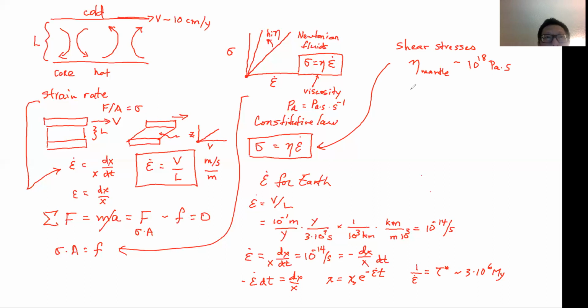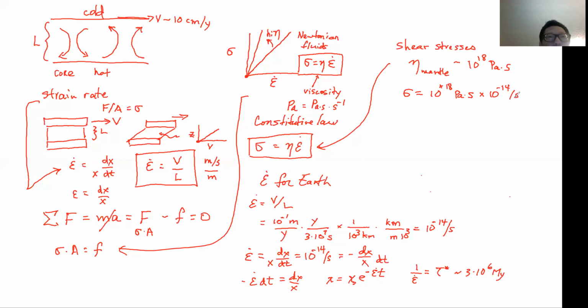Then my shear stress would be 10 to the 18, sorry, positive 18, right? 10 to the 18 pascal seconds. Just for context, the viscosity of a liquid basalt lava might be about 1 pascal second. So 10 to the 18 is very, very high. And then you multiply this by 10 to the negative 14 per second.